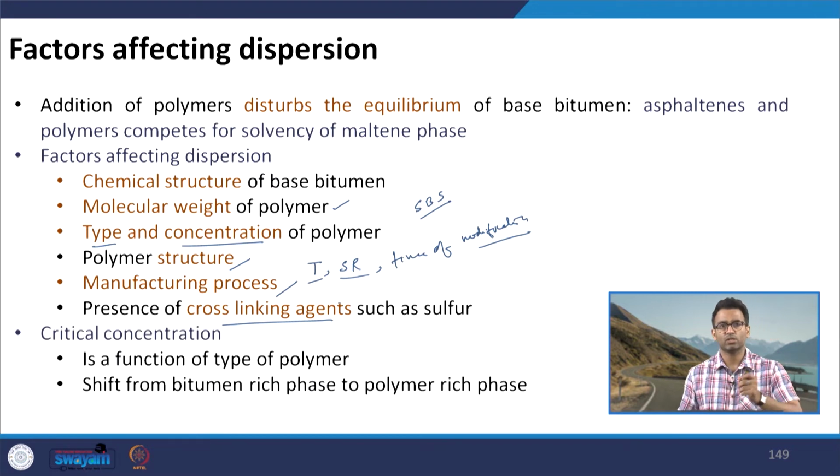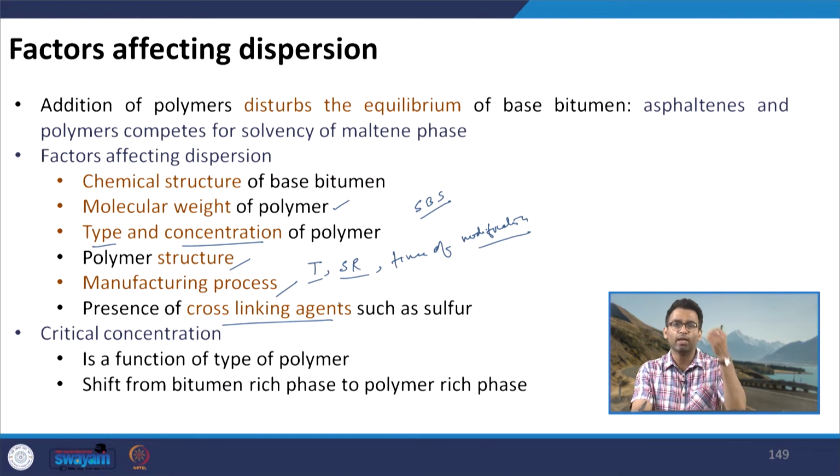These polysulfide molecules link the SBS structure, they form a cover around the SBS structure, and this helps to link the bitumen with the polymer, and that is how they are kept together in a more stable form. So, the presence of cross linking agents also will affect the dispersion characteristics. Now, if you talk about the critical concentration, as I said, some of the polymers like elastomers or plastomers are not typically used at a concentration higher than 10%.